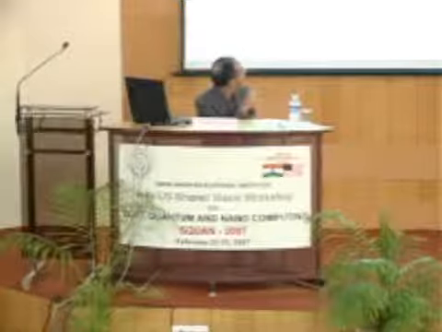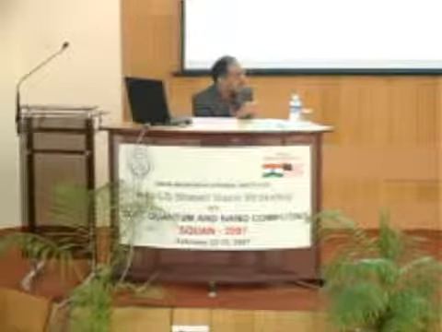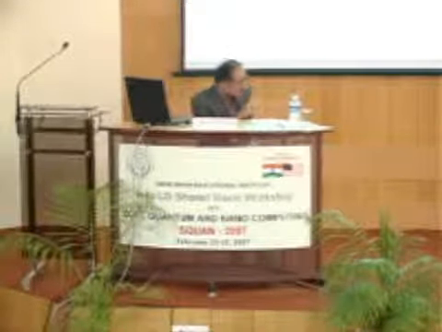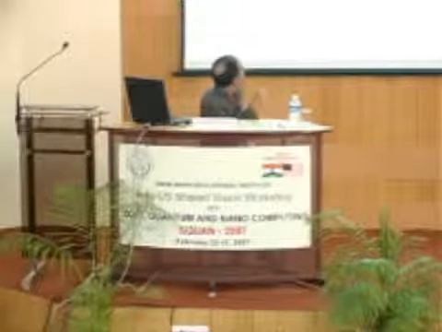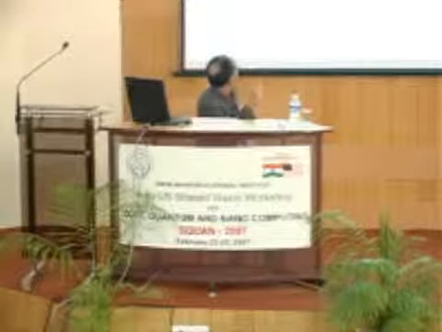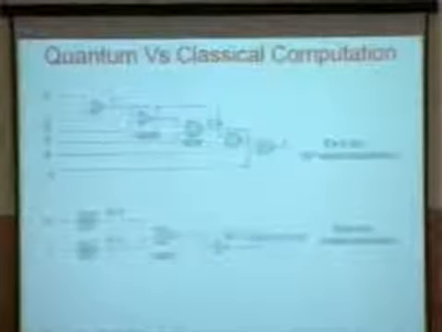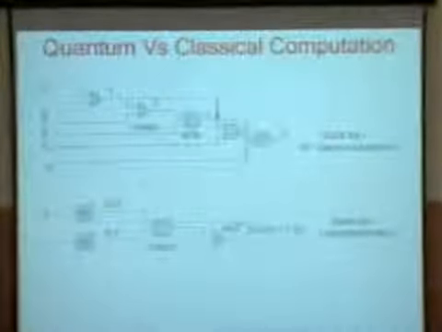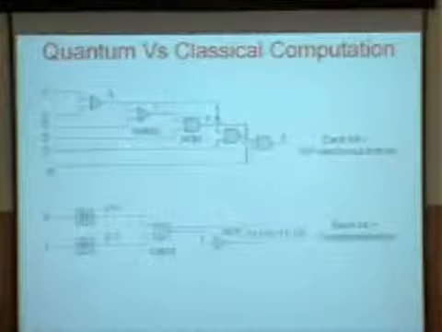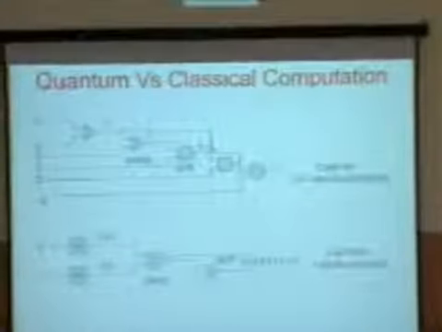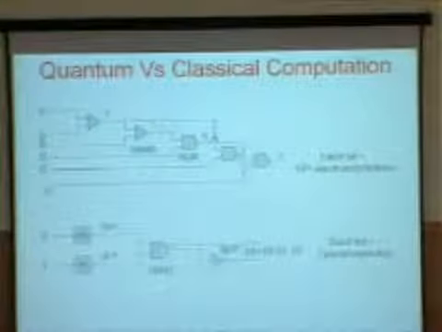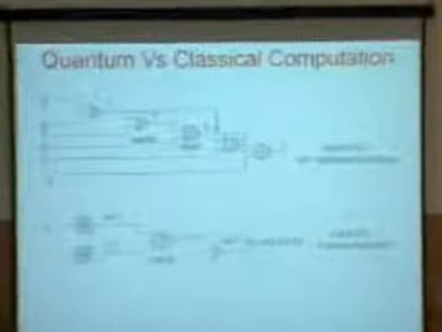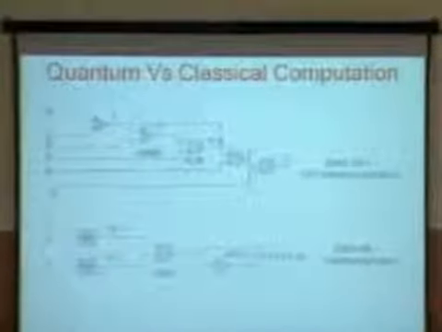You have gates which I call H. But what is really, really different is that instead of having one number over here, you have combinations of numbers. This is called a superposition of states. That it is somehow in both states at the same time. It is not probability that it will be in each state with half probability, but it is somehow in both states at the same time.